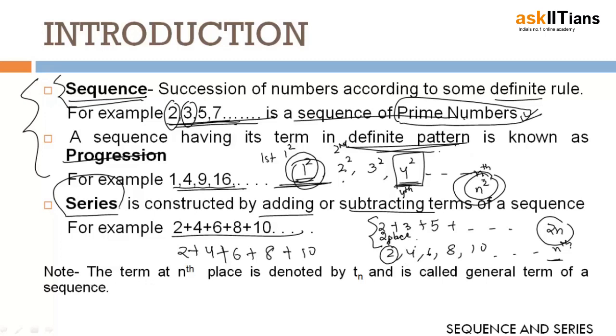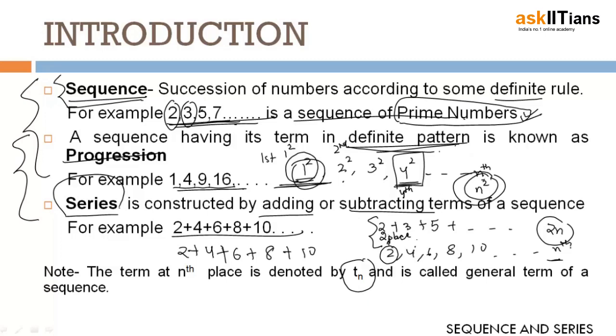As written at the bottom, the term at the nth place is known as the general term, which I have already mentioned. For any sequence or series, we will be seeing that Tn, the nth term, is quite important in solving the questions. Why?